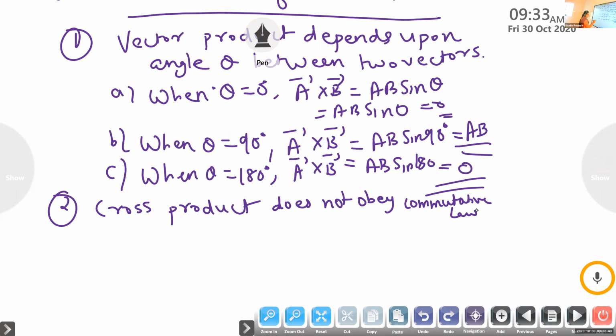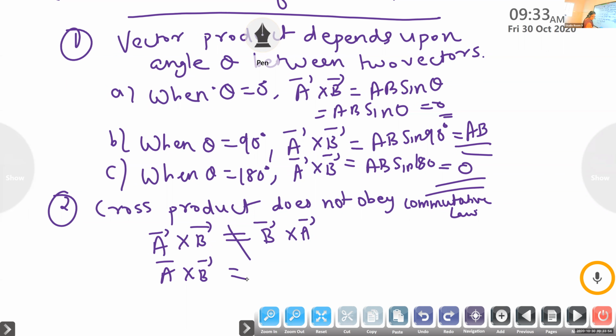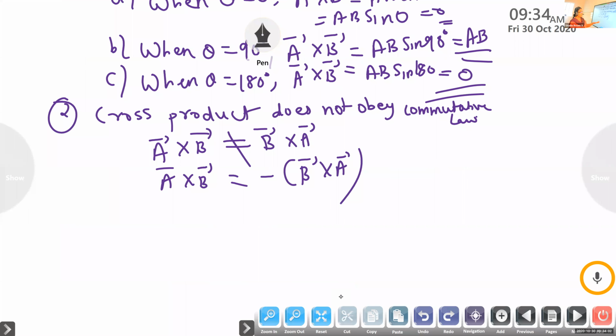That means A cross B is not equal to B cross A. But A cross B is equal to minus of B cross A. That's why it does not obey. So A cross B is the negative of B cross A. It does not obey the commutative law.